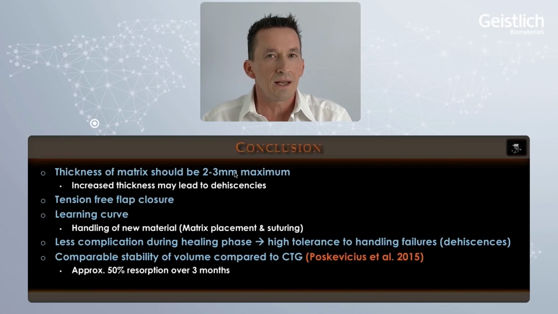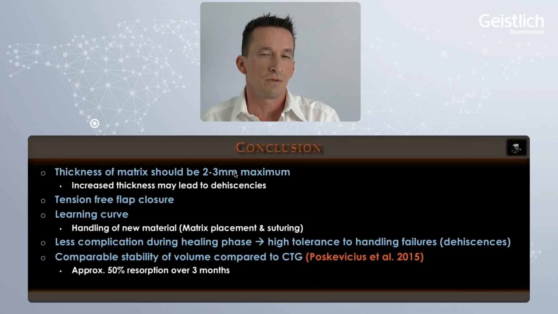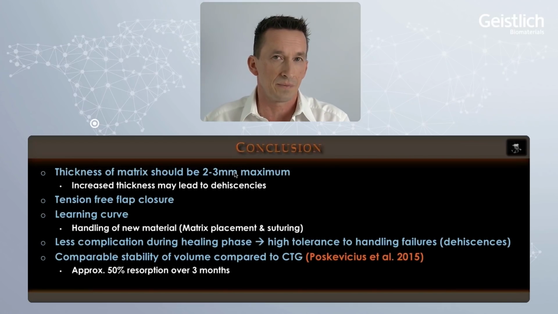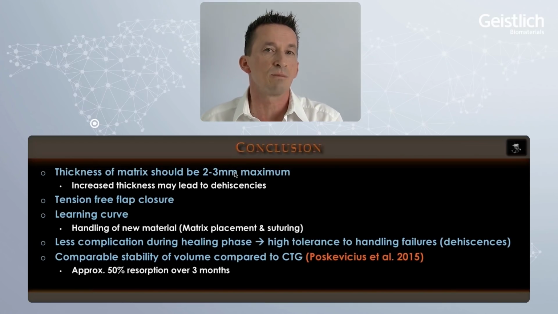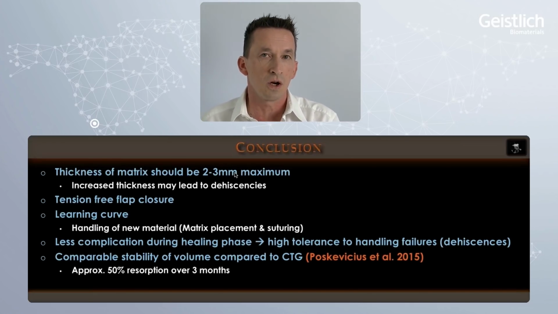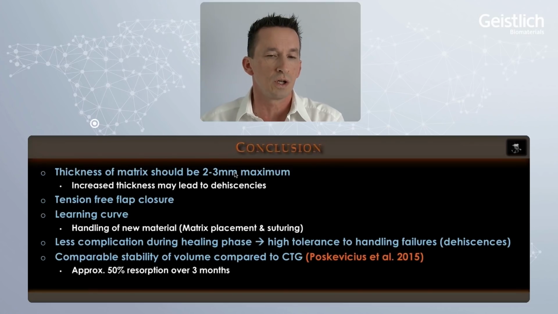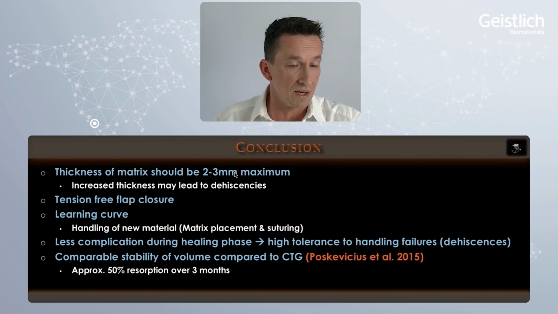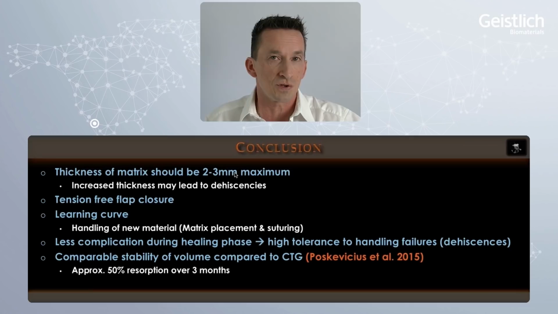The Fibro guide is not a tissue or a matrix for beginners. The Fibro guide is more or less a convenience product for all dentists who know how to do plastic perio surgery. And even those who know to do connective tissue grafts need a learning curve in handling of a new material.